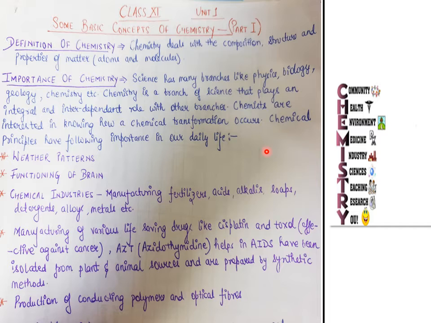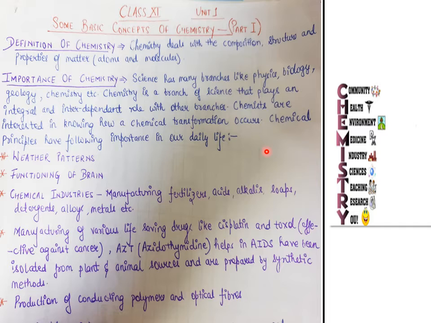The third branch of chemistry is called organic chemistry, and under organic chemistry, as the name suggests, you are going to study the organic matters. What you study under organic chemistry are basically hydrocarbons. And what are hydrocarbons? Hydrocarbons are substances that are made up of carbon and hydrogen mainly, but they can also have a certain amount of nitrogen and oxygen associated with them.